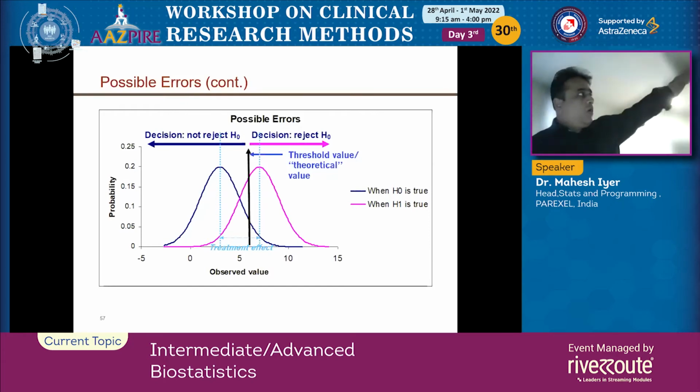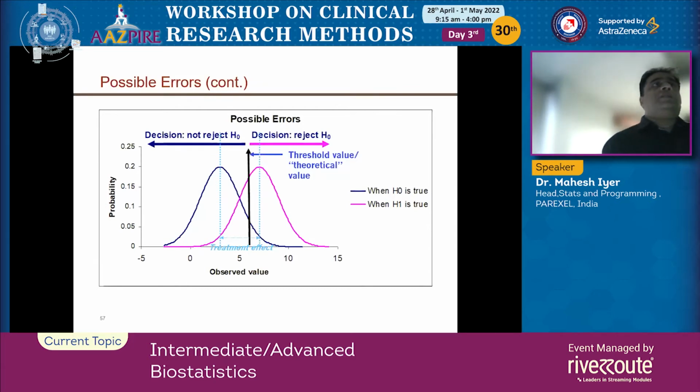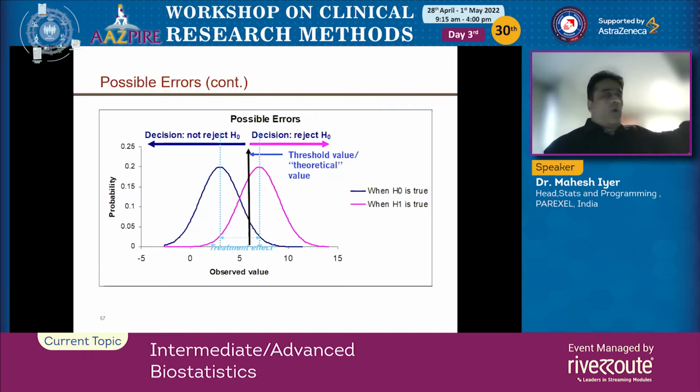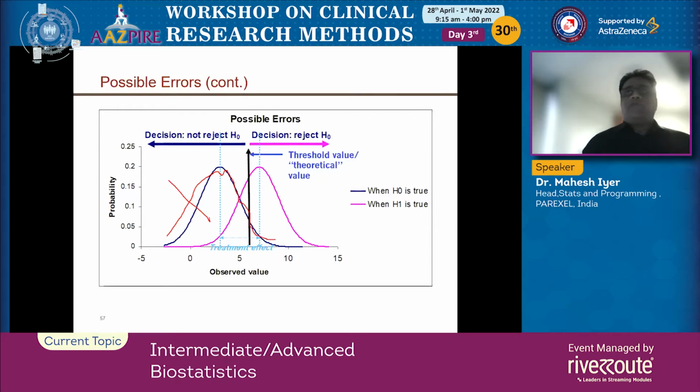So let us say that this is a continuous variable, like the size of the tumor. You want to figure out what is the population. You see this particular blue thing; that is the distribution of the test statistic of the sample under the null hypothesis.